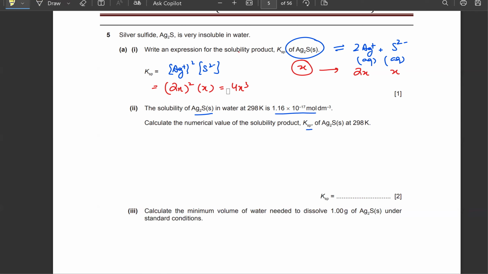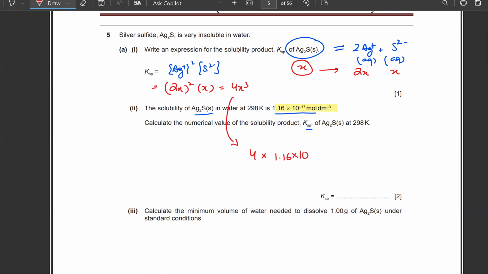Yes, sir. The value of solubility is given, that's 1.16 times 10 power minus 17. So I'm just going to plug that in. It's 4 times 1.16 times 10 to the power minus 17, cubed. What are we getting?